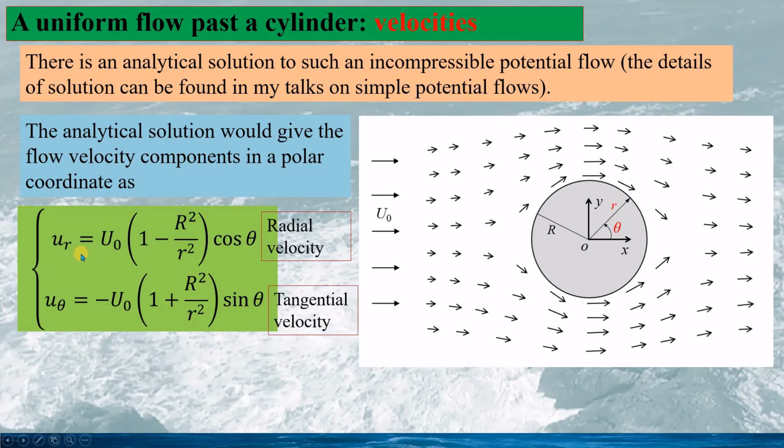And if we draw the velocity vector of the uniform flow past the cylinder, we can see the velocity vectors as this. And this is the transform of the polar coordinate and the Cartesian coordinate x, y with r and theta.